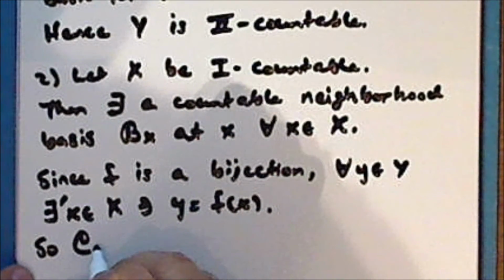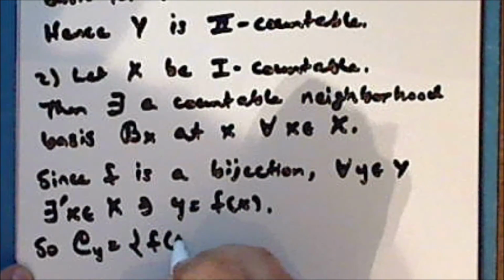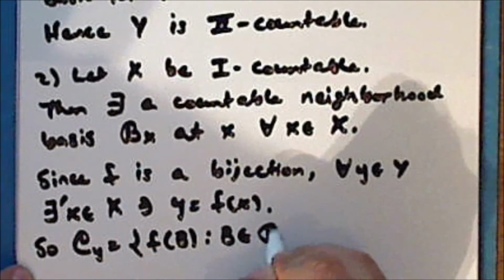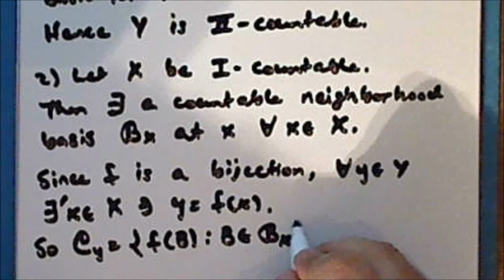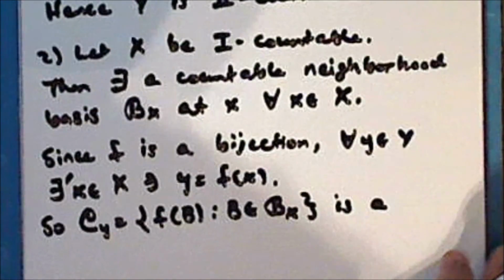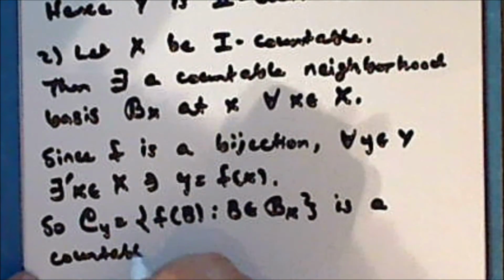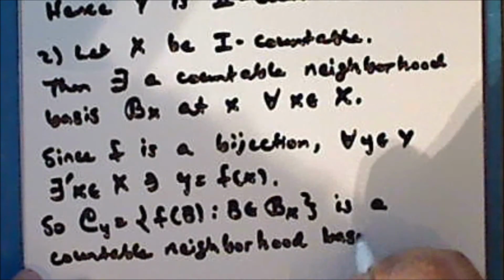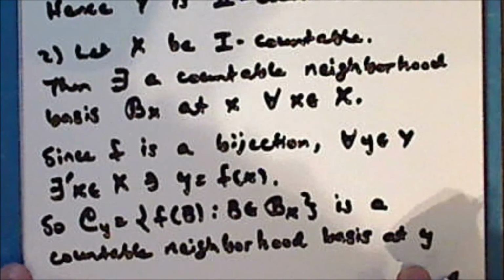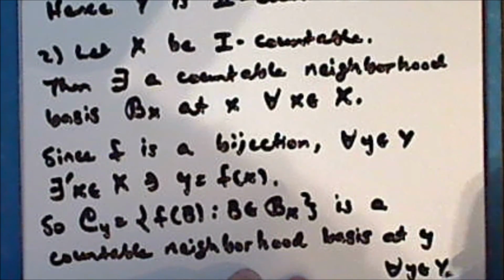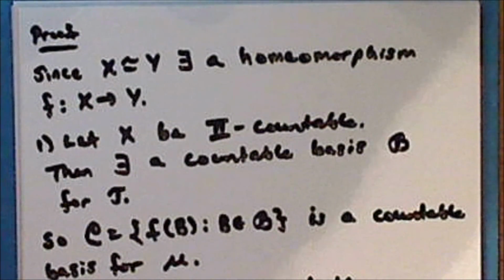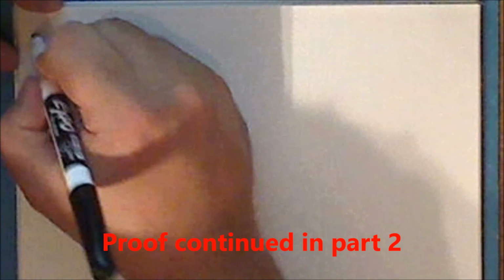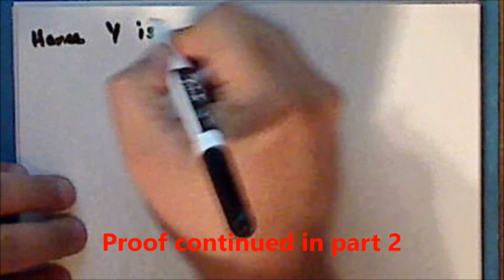So the collection script C sub y of all elements f of B, where B is an element in the neighborhood basis script B sub x, is a countable neighborhood basis at the point y, and this is true for every point y in the space Y, and hence the space Y is first countable.